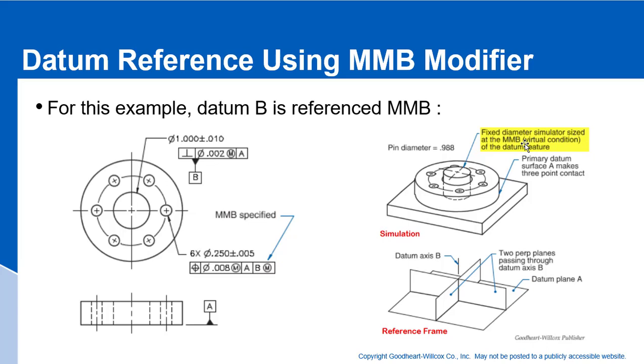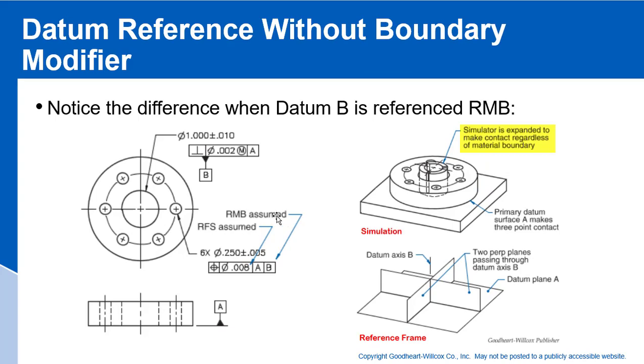That was a lot easier to accomplish than once we made this RMB, regardless of material boundary. I have to make a fancy tool fixture that not only has to put the plug under, but I have to manipulate this plug to expand in this tolerance and pick up B regardless of feature size. It's a whole different ball game.